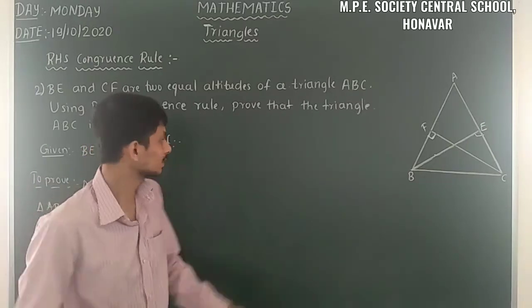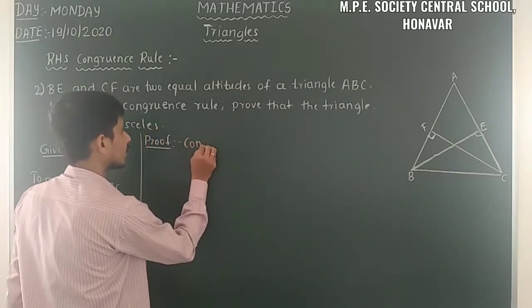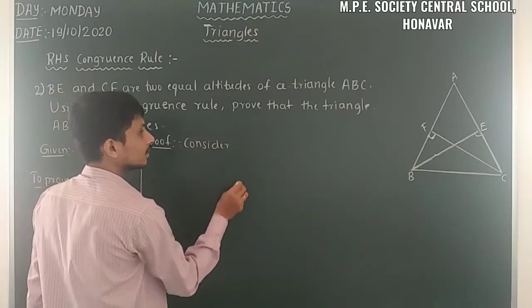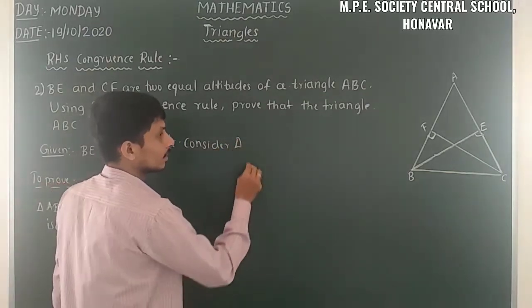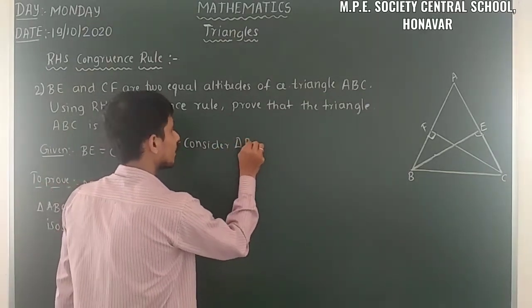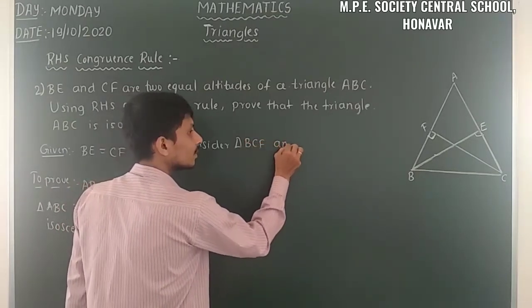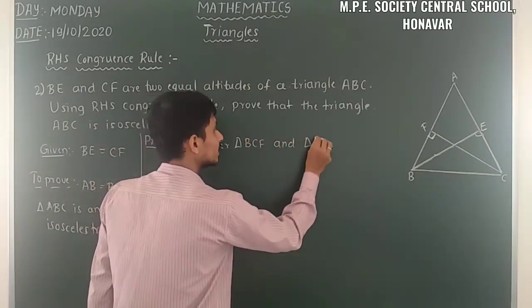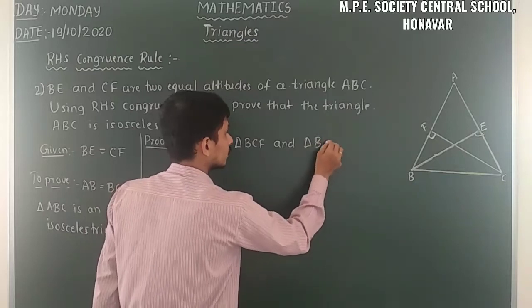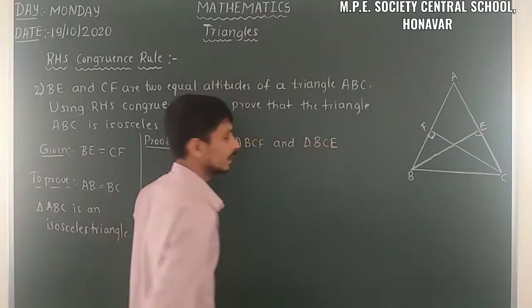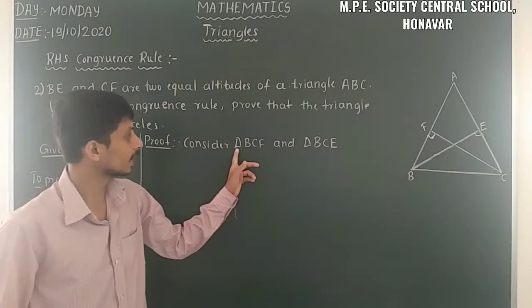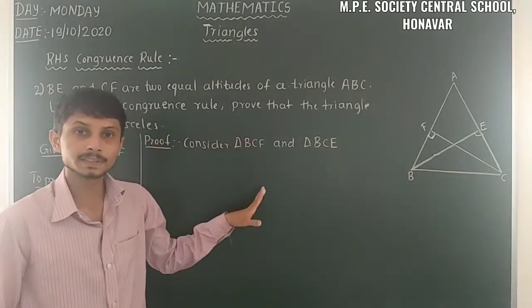those two triangles, that is, consider triangle BCF and triangle BCE. So here we have to consider triangle BCF and triangle BCE.